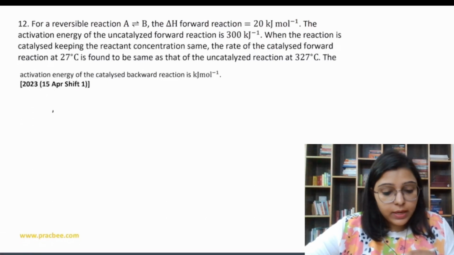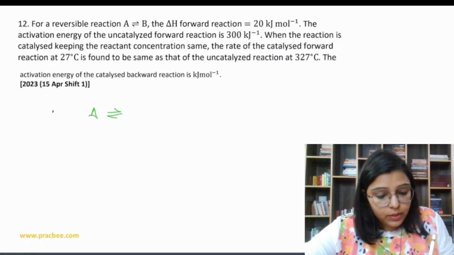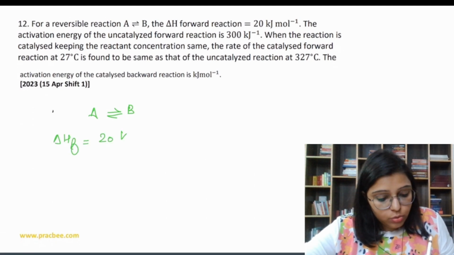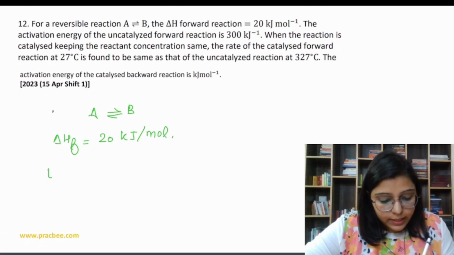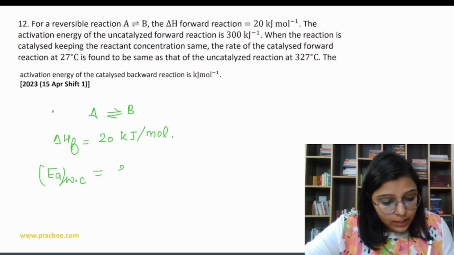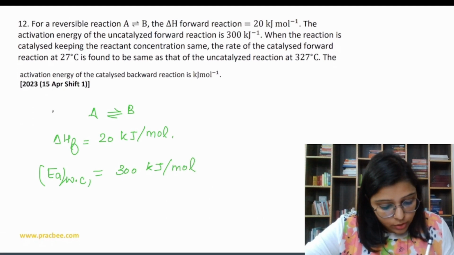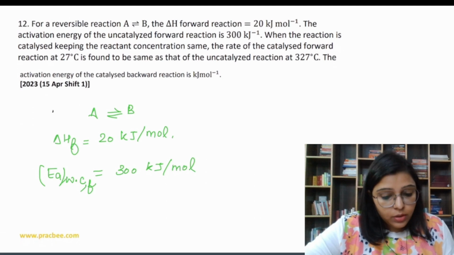For a reversible reaction A to B, delta H for forward reaction is 20 kilojoule per mole. Fine, so it means delta H of the reaction is 20 kilojoule per mole. The activation energy of uncatalyzed, that is activation energy without catalyst, is 300 kilojoule per mole, and that is for forward reaction.